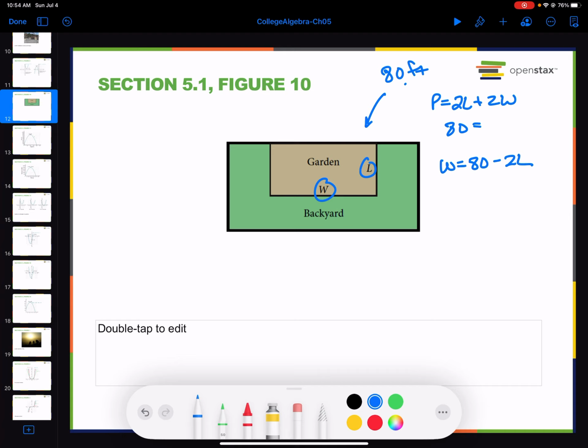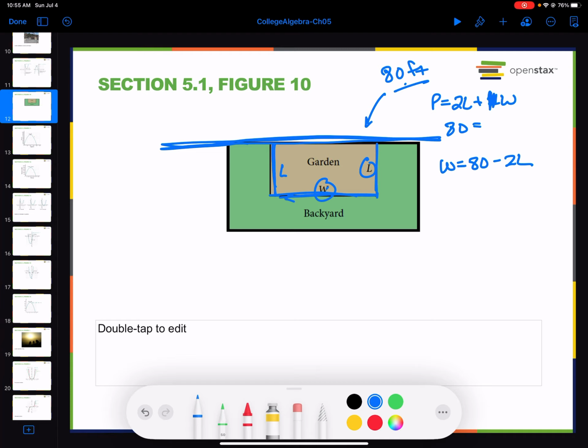In this example, it doesn't tell you, but we only need the 3 sides. So actually this should be just 1W. We have 1W and then we have the 2 L's on the side. And those all added together are going to equal 80 feet. So that gives us W equals 80 minus 2L.